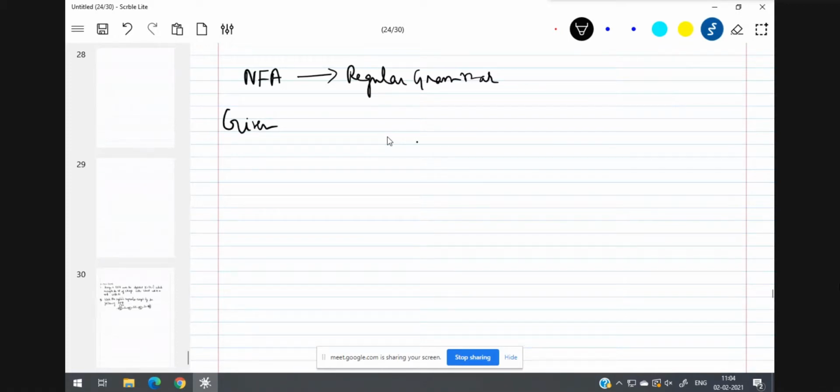Now, as per the definition of the machine, let me represent M. This is the set of states, transition function, set of final states.